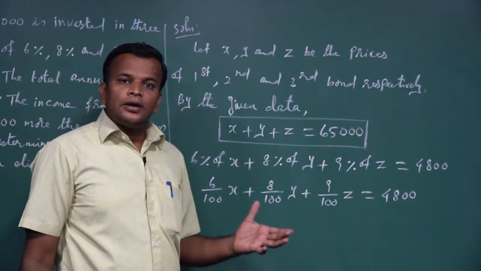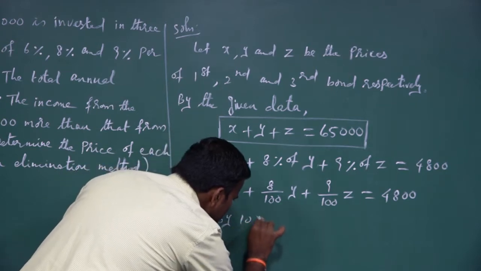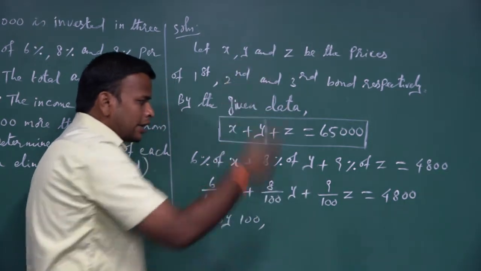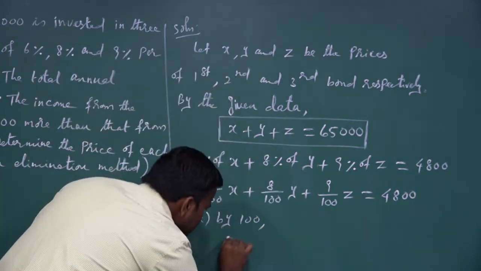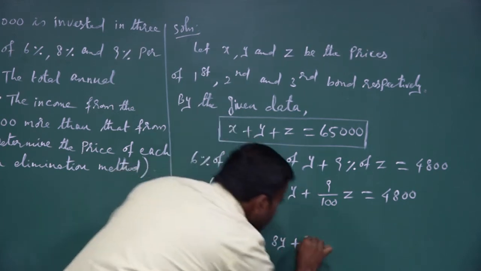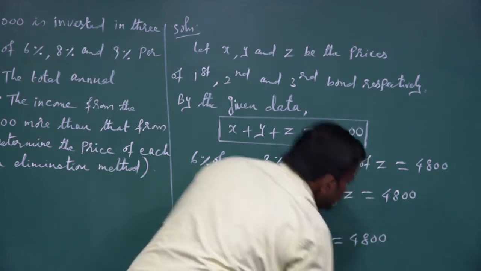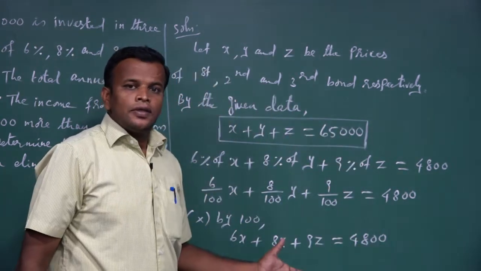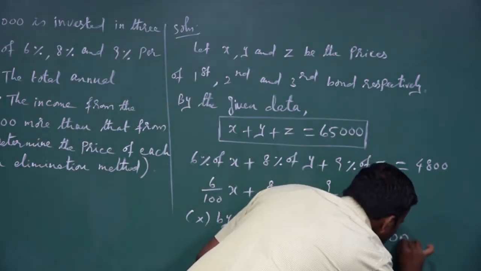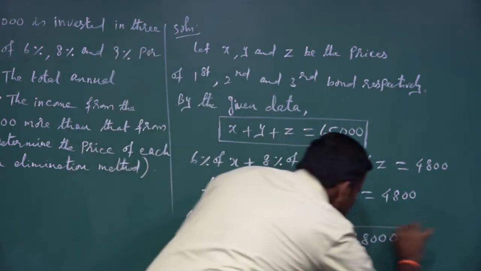I multiply by 100 on both sides, and the 100s cancel. So the first side becomes 6X plus 8Y plus 9Z, equal to 4,800 with two zeros added because we multiplied by 100, so it becomes 4,80,000. This is the second equation.